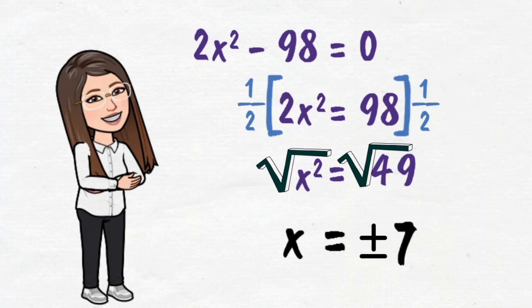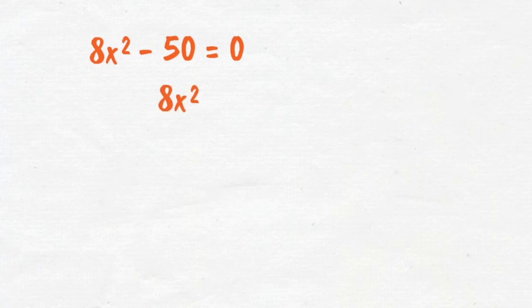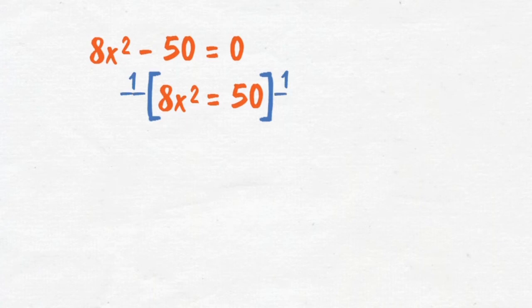Cool, isn't it? How about this one? Suppose we have 8x squared minus 50 equals 0. As you can see, the numerical coefficient of the quadratic term is 8. Therefore, we have to eliminate 8. But before that, let us isolate the quadratic term. After that, we multiply the equation by the multiplicative inverse of 8, which is 1/8.